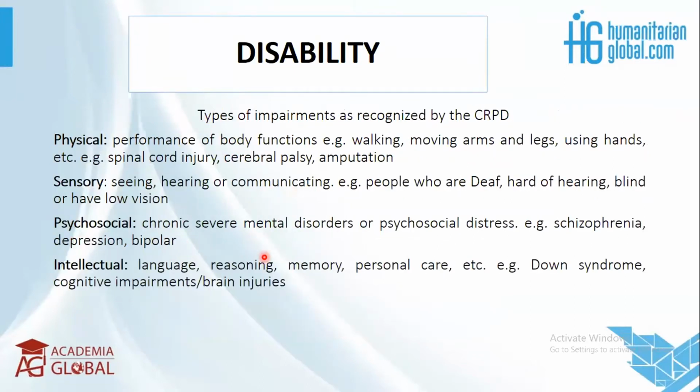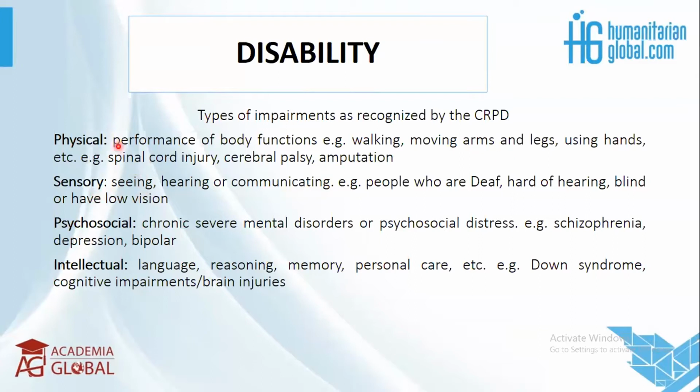So the types of impairments, as I talked about before, which are recognized by the CRPD. We talk about physical. Physical is in terms of performance of body functions. It may be about walking, moving arms and legs, or using hands, or may be a result of spinal cord injury, cerebral palsy, or amputation.